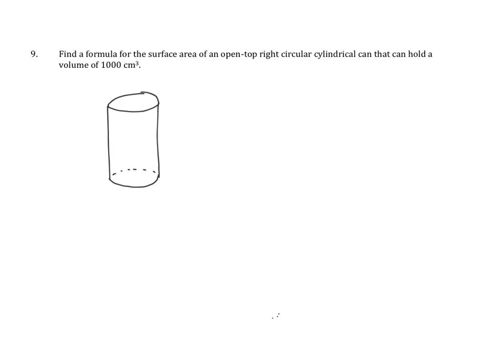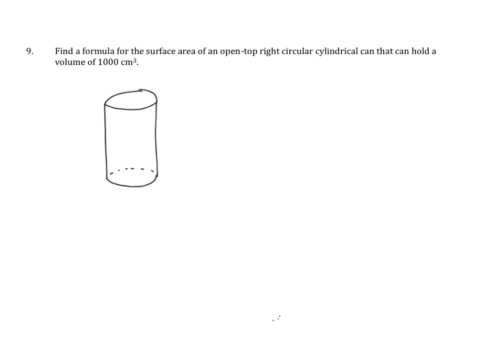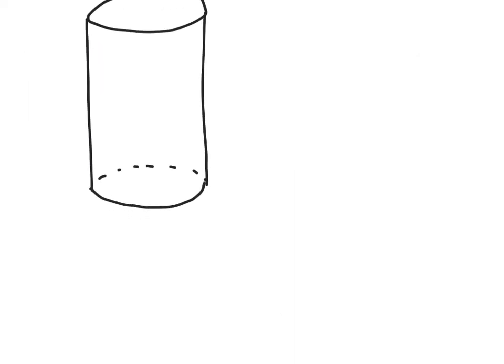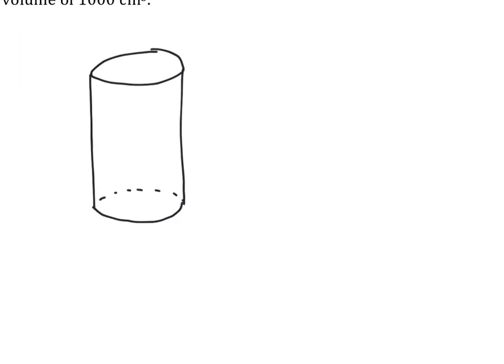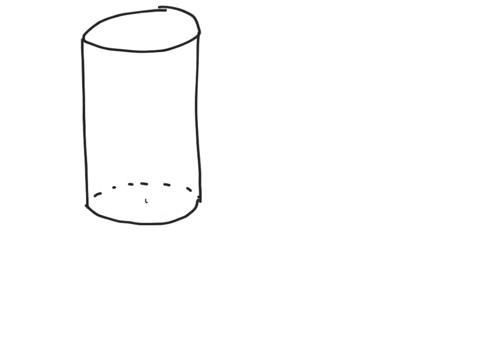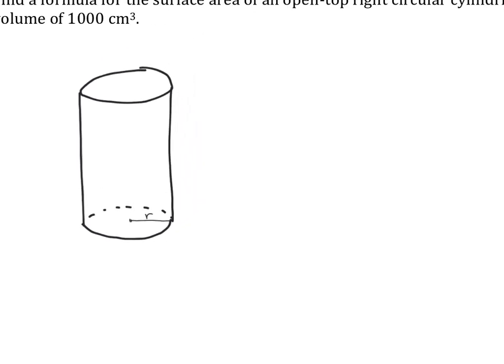And it's an open top, so no top here. And it can hold a volume of 1,000 cubic meters. Since we have a cylinder, we'll want to talk about the radius of the base and then the height of the cylinder.